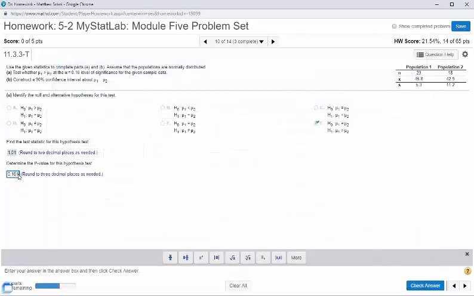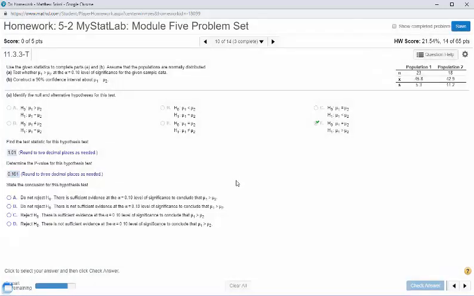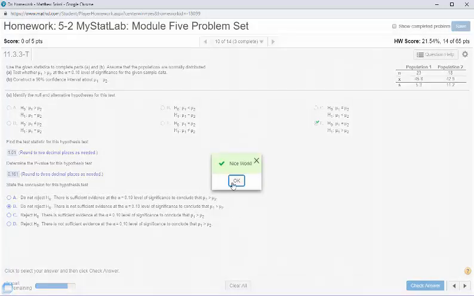So going back, 0.161. I got it. Well, what we can see here is that we wanted to use the 0.01 level of significance. Our p-value is greater. So we do not reject the null. There is not sufficient evidence. Great.